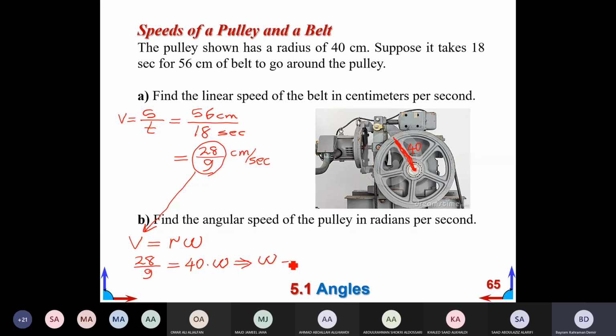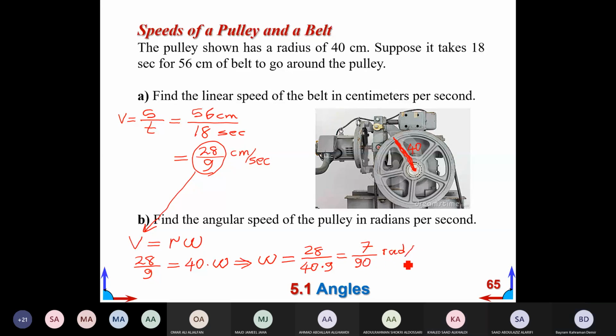Omega, angular speed, is equal to, when you simplify, 28 over 40 times 9, so it will be 7 over 90, I think. 7 over what, Shabab? 90. So 7 over 90 radian per second.